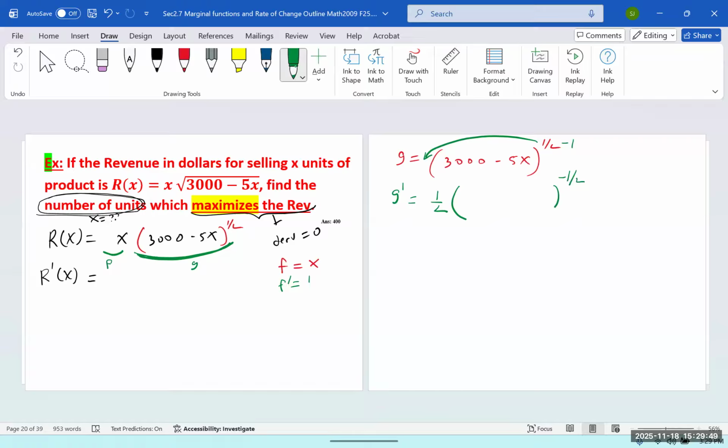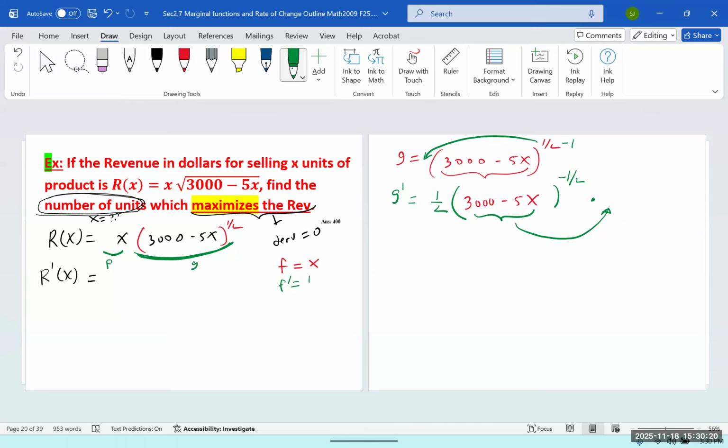When you take the derivative of the outer part, you cannot touch the inside. Derivative is very weak. It can change only one function at a time. So here it's changing the outer power, so you have to leave the inner function the same. Once you're done with the outer power, then you can multiply by the derivative of the inner function.